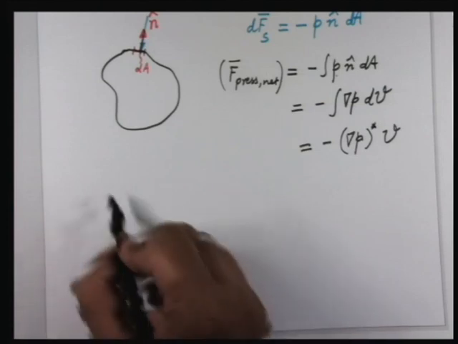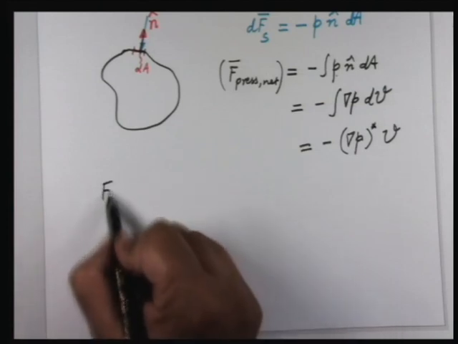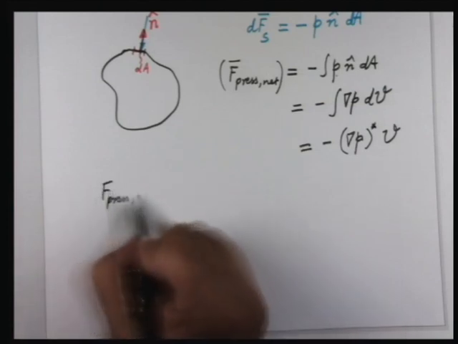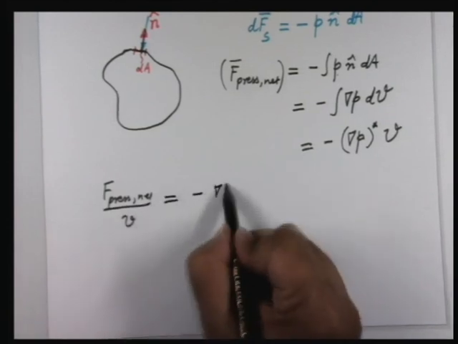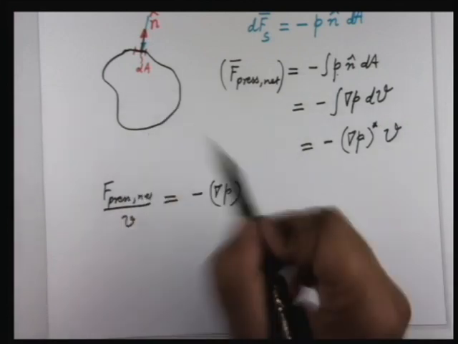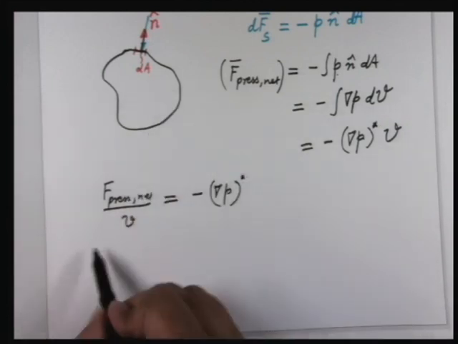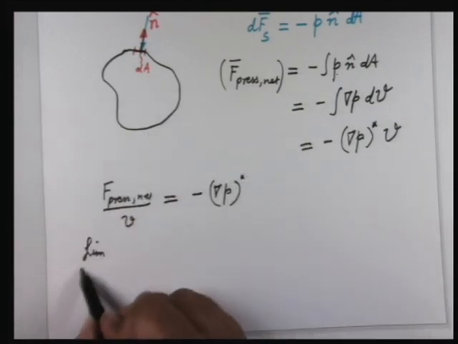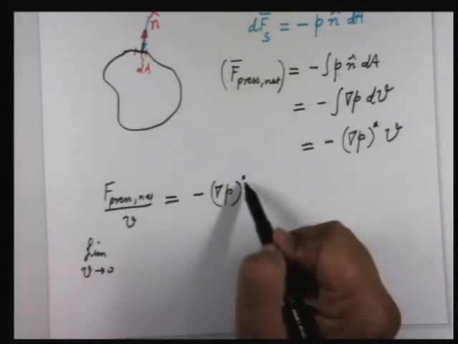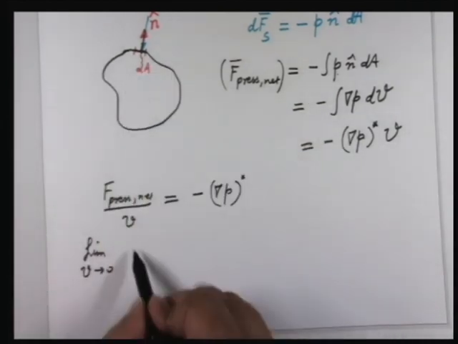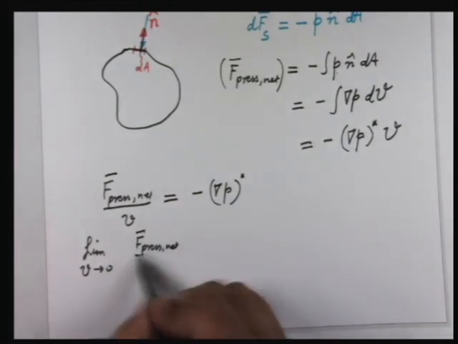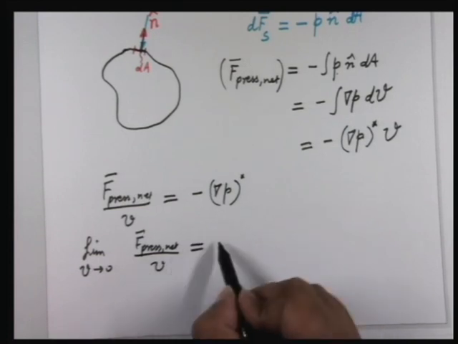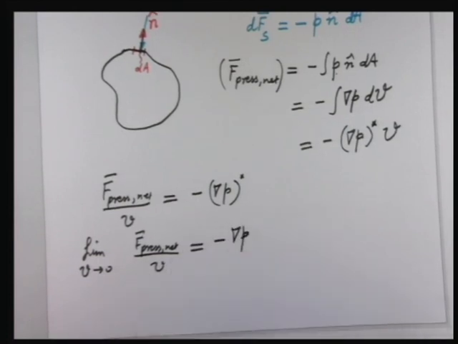So F pressure net by the volume is minus grad P evaluated at some point inside. Now, if I take the limit V goes to 0, then this starred value will become the local value. This will be minus grad of P.